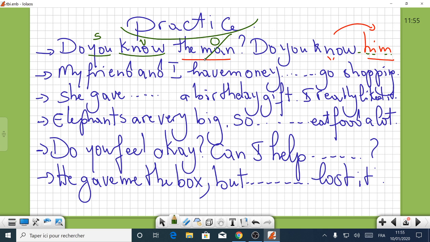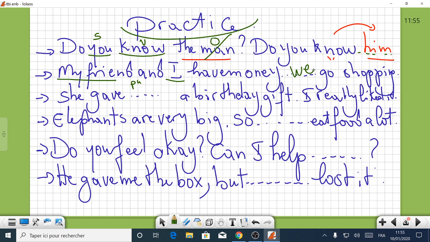So my friend and I. My friend and I, so that's plural, subject, have money. We have money. So we go shopping.